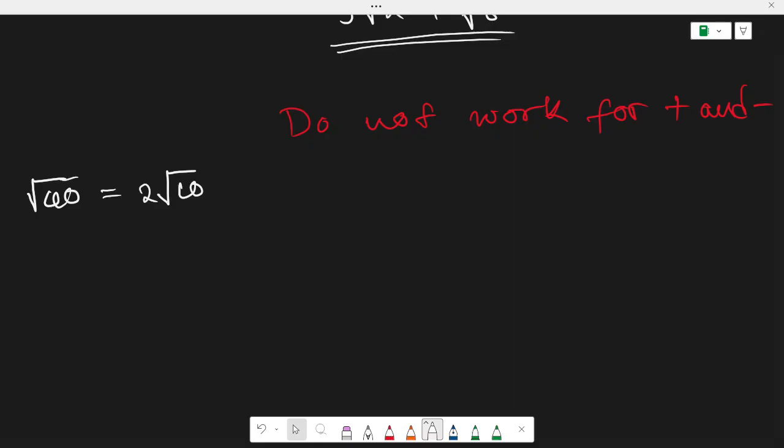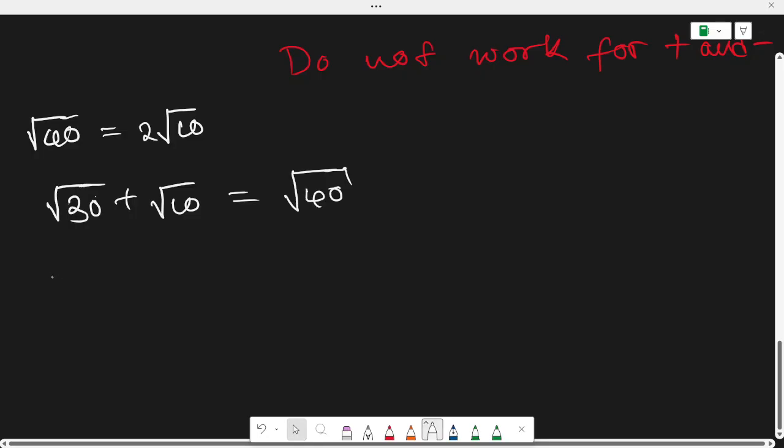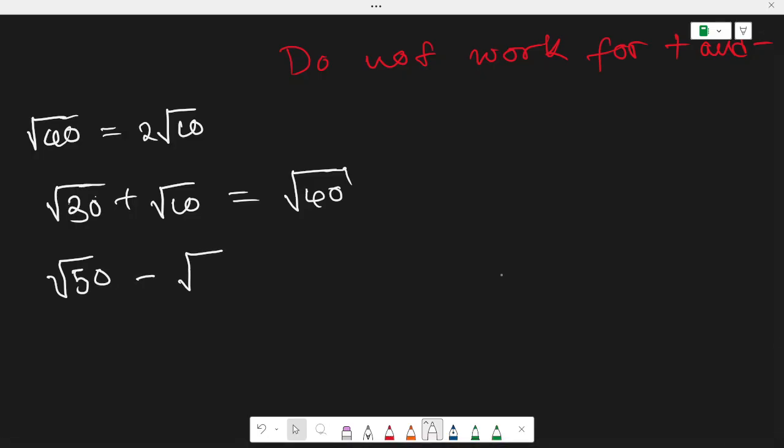But you can't write root 40 like this. Let's say you say root 30 plus root 10 is equal to root 40. No, you can't do that. You can't say root 50 minus root 10 is equal to root 40. No, this is wrong.